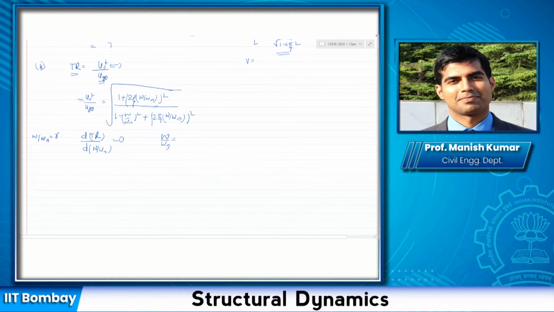Again, once you find that ratio, you can substitute 2 pi v by L to get the velocity at which it becomes maximum. So in the second part we use this transmissibility, and in many cases we could directly say, let us say damping is 5%, then TR becomes maximum at omega equal to omega n. However, in this case damping is 40%, so I cannot make that assumption. I have to differentiate it and find the value.